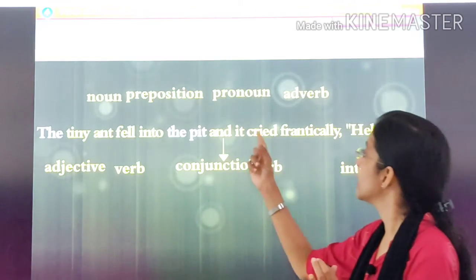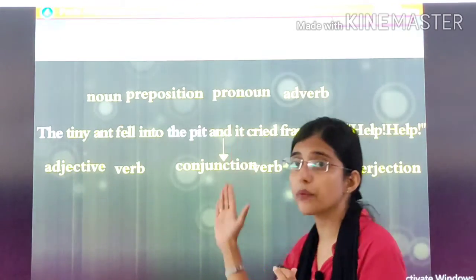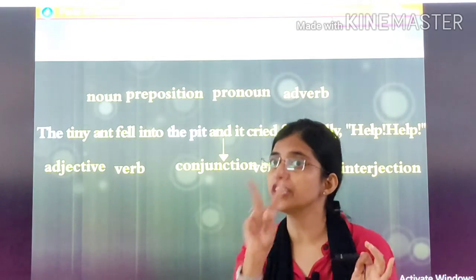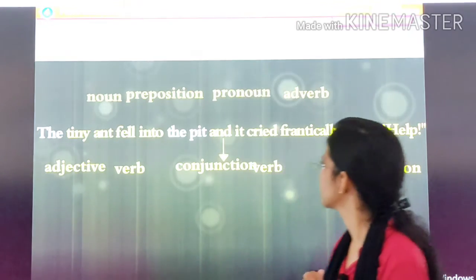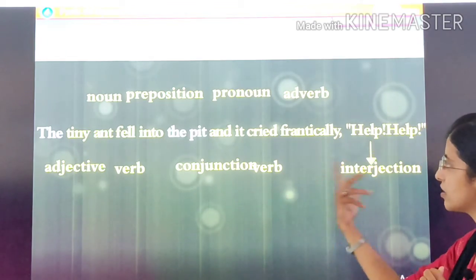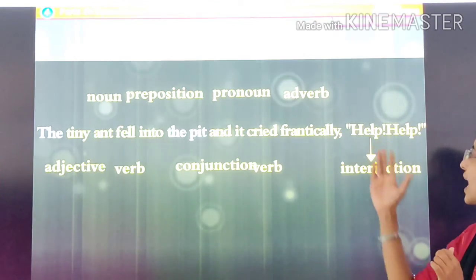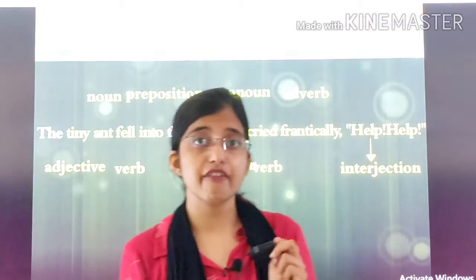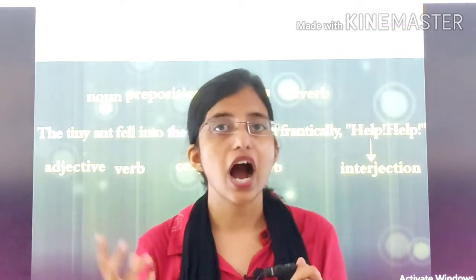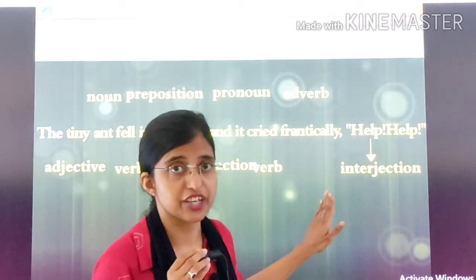And it cried frantically, help, help. So, and is our conjunction because it is joining two sentences. Cried is a verb, we have discussed it. And interjection. Help, help. Those words which have the exclamatory mark are interjections. Help, help is our interjection.